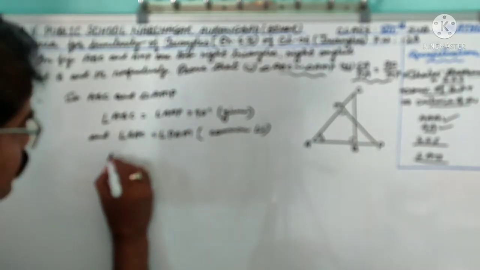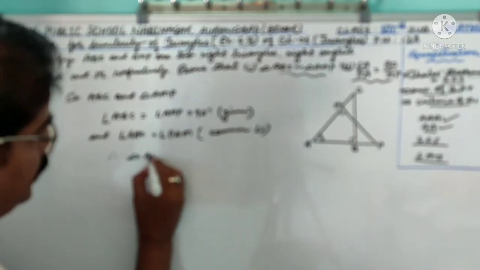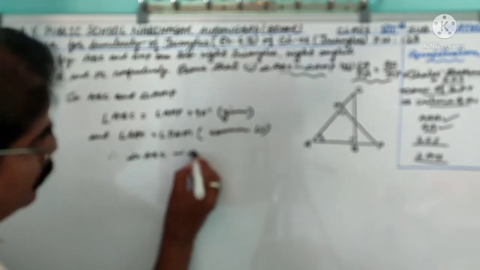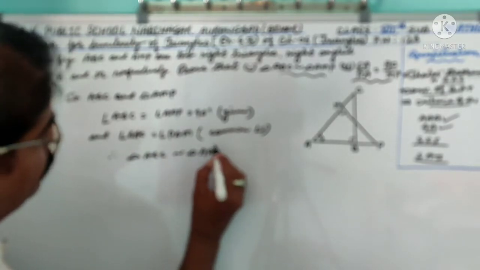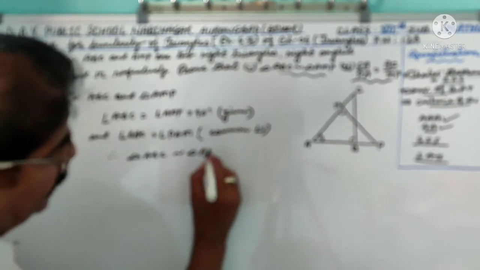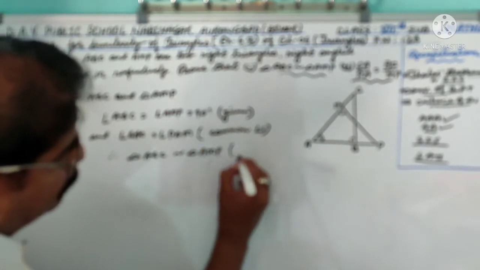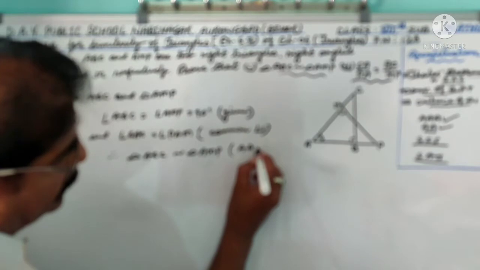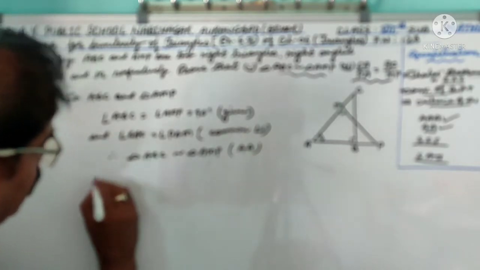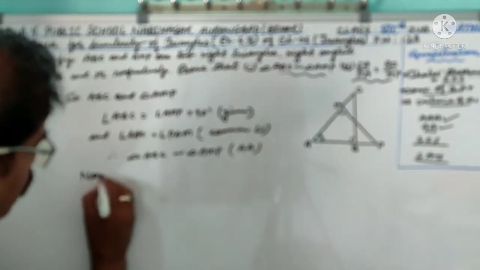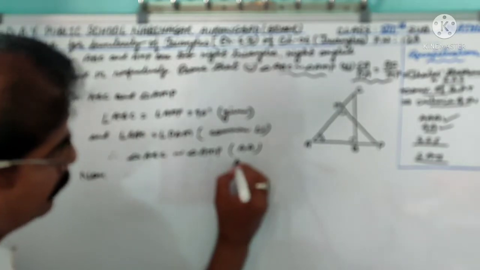So triangle ABC is similar to triangle AMP by angle similarity. Proved first.